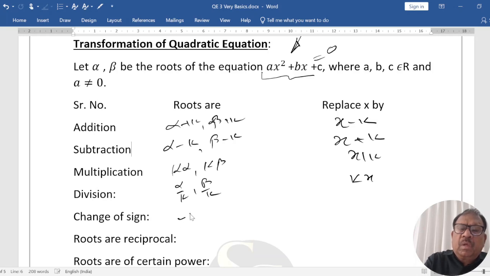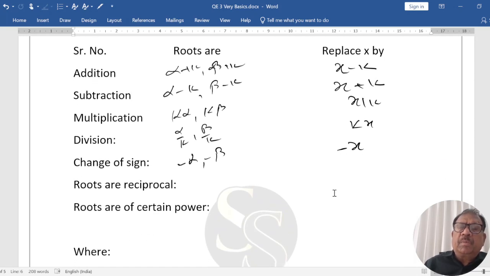Change of sign: minus alpha, minus beta. Replace x by minus x. Reciprocal roots: 1 by alpha, 1 by beta. Replace x by 1 by x. If the roots are of a certain power: alpha to the power n, beta to the power n.